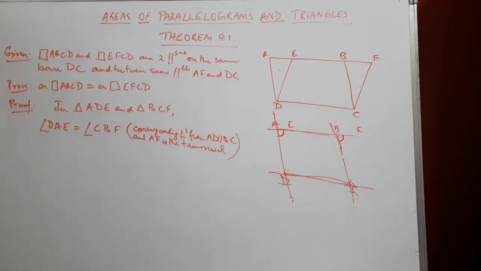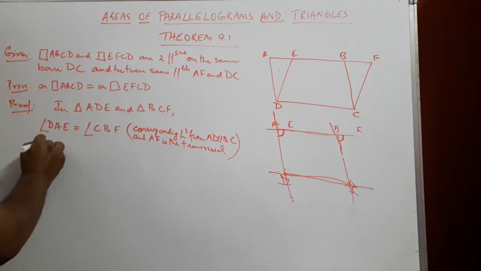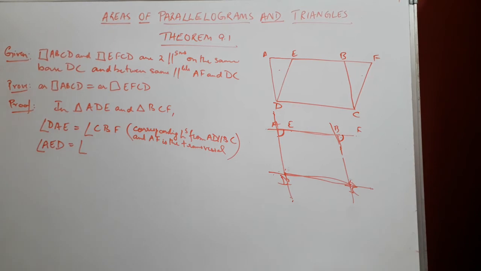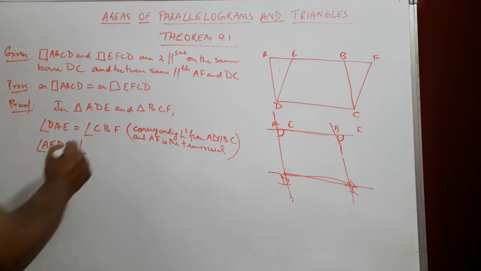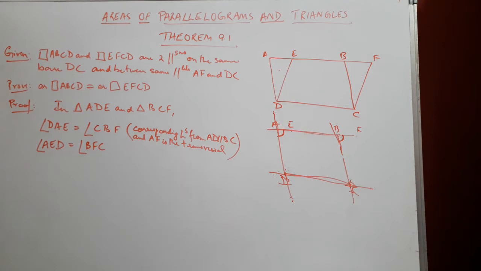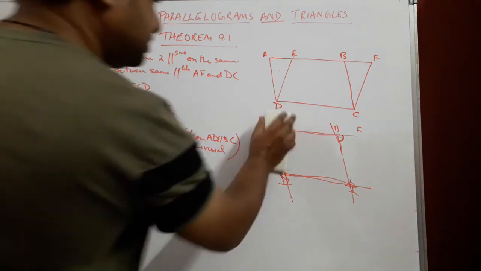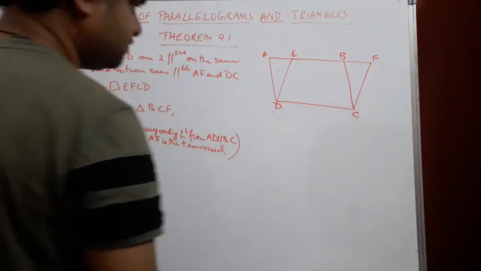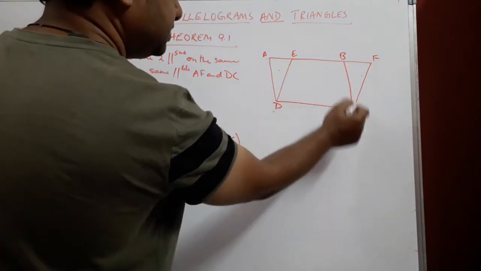And similarly, we can also write angle AED as, that is I'll have to draw a new parallelogram to show you the other parallelogram, equal to angle BFC. Okay, and for that I'll just erase this parallelogram. So we had drawn ABCD.